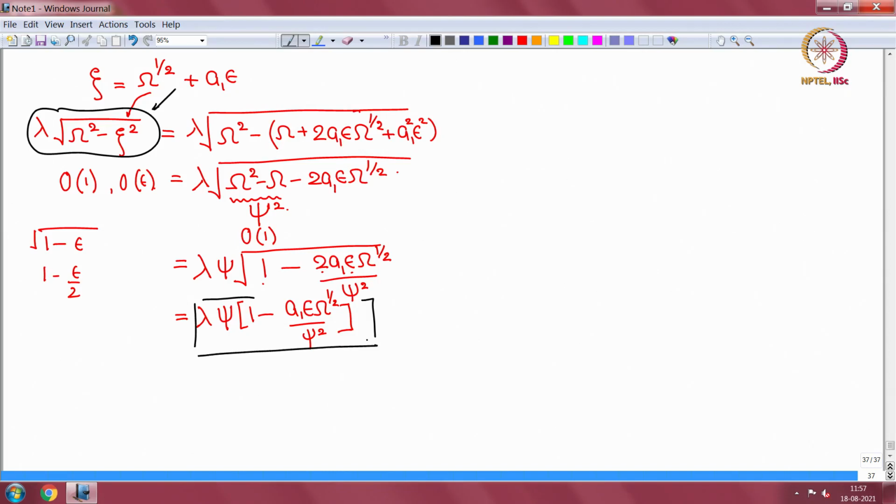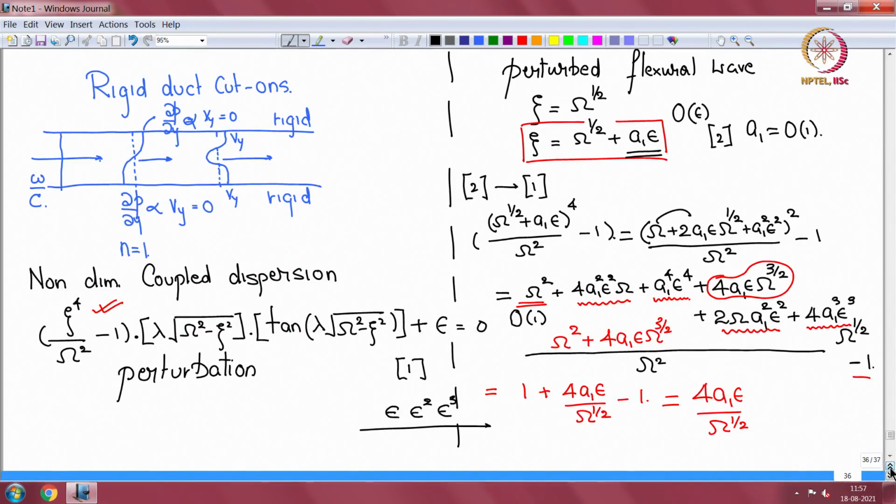Let us see, just 1 second here. Okay, so this was the first term. Just want to remember 4 a1 epsilon by omega to the power half.